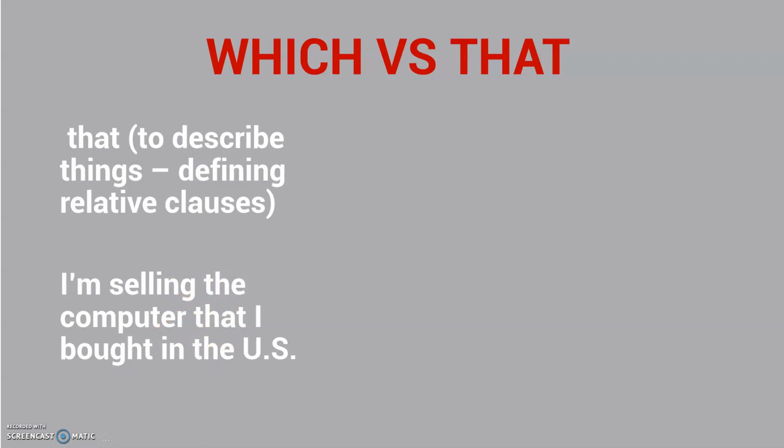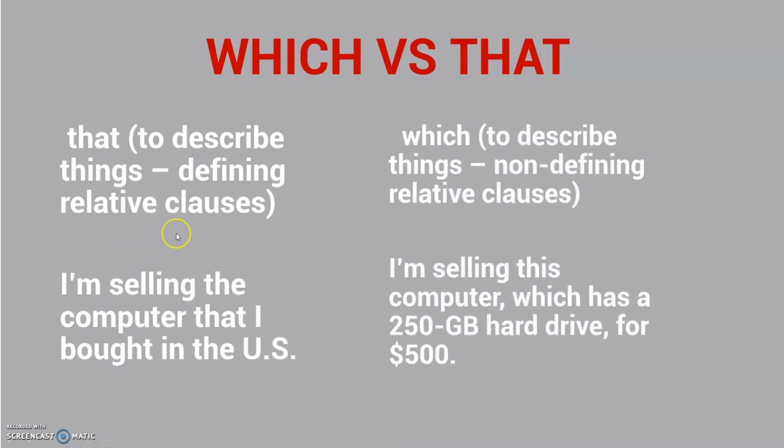And now let's look at which. Which is also to describe things, but this is with non-defining relative clauses. That means that it's only extra information. I don't really need it, but I can add it. For example, I'm selling this computer which has 250 gigabytes hard drive for $500, right?